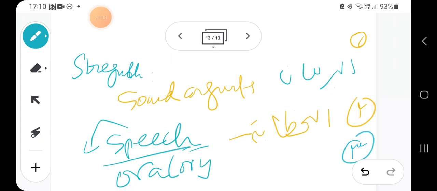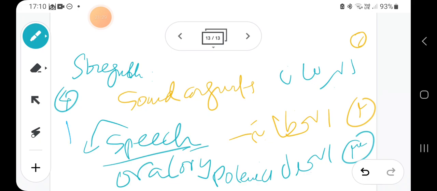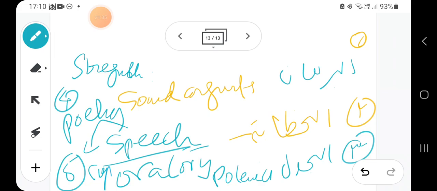Speech is better because it's not just oratory. And the third one is al-jadal, polemics. The fourth one is poetry, and the fifth one is sophistry. Sophistry is the weakest because obviously it's an unsound, fallacious argument.